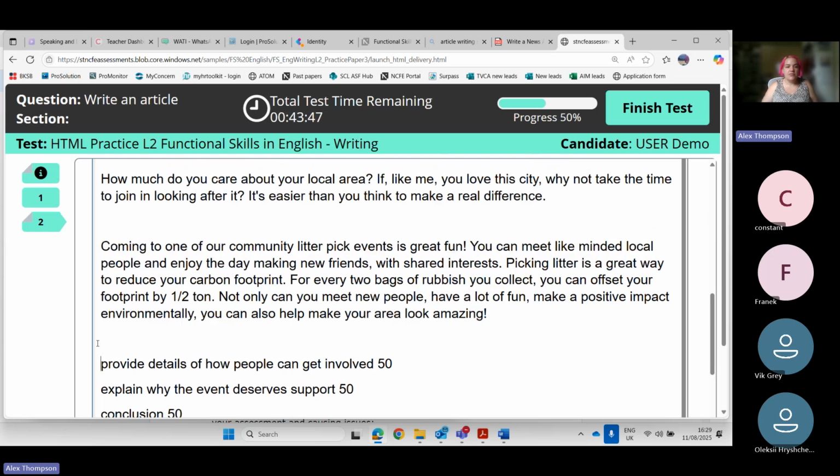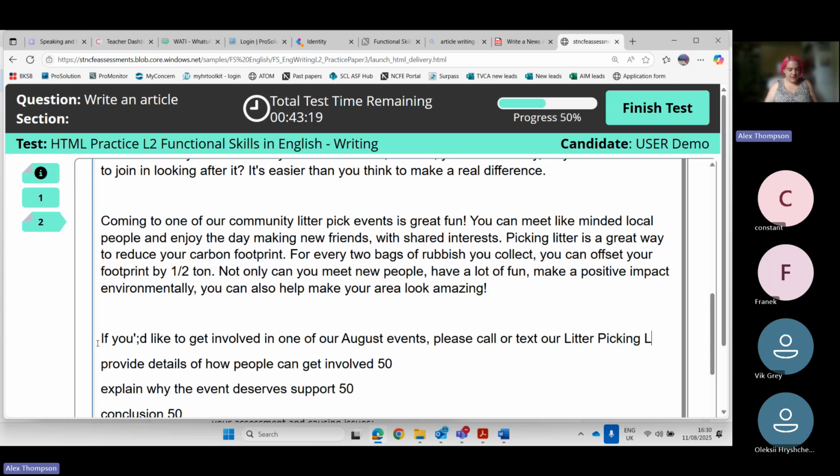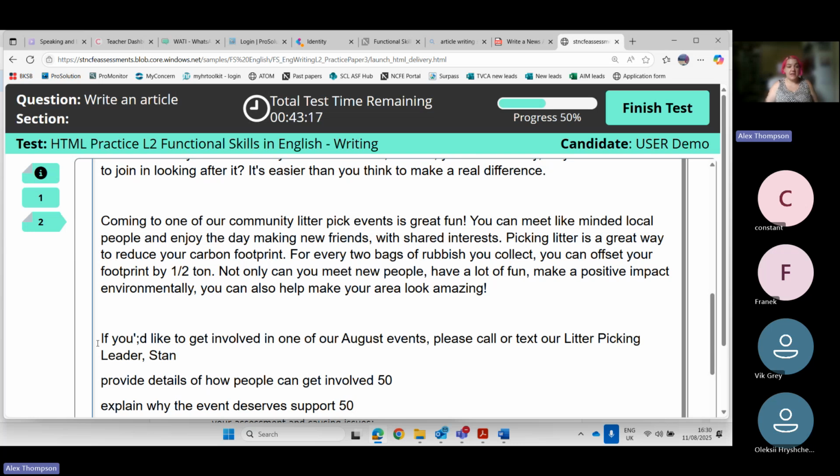The next one says, provide details of how people can get involved. So if you'd like to get involved in one of our August events, please call or text our litter picking leader, and I'm giving a fake name, Stan, on 0124. There we go.